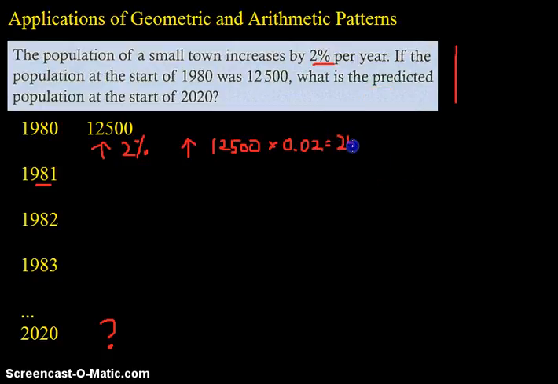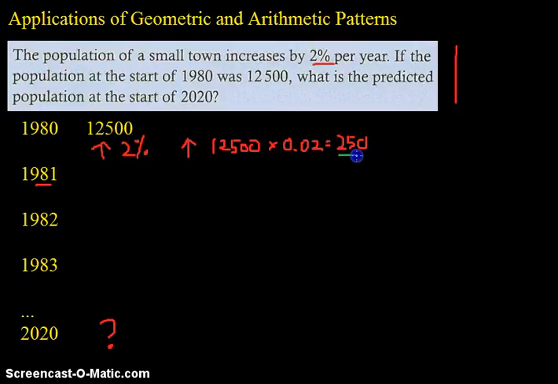However, I'm not going to use the 250 in terms of writing down my workings to find the population after 1 year, for 1981. Instead, I'm going to use this expression right here. All right, so I'm starting with 12,500 people.